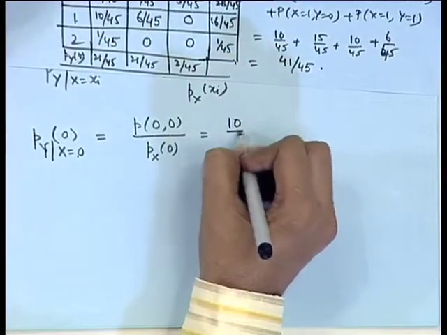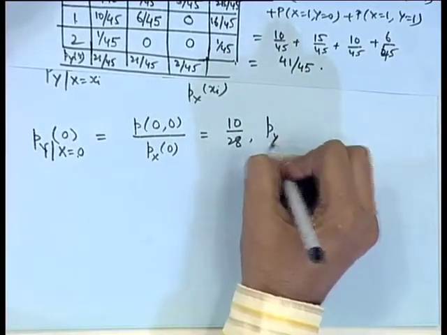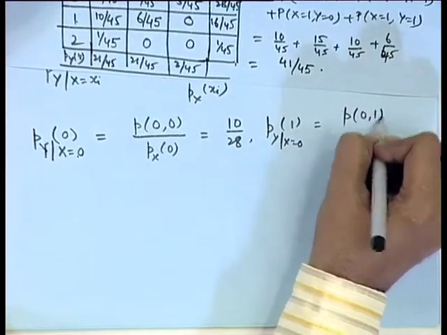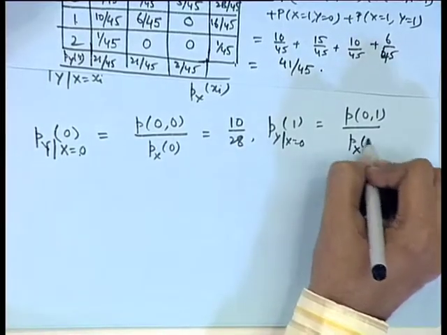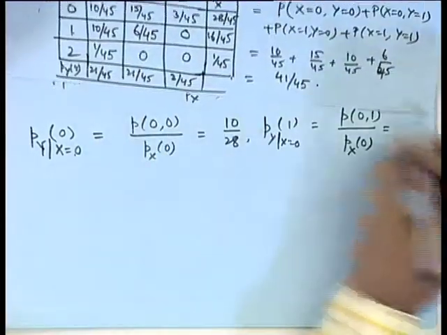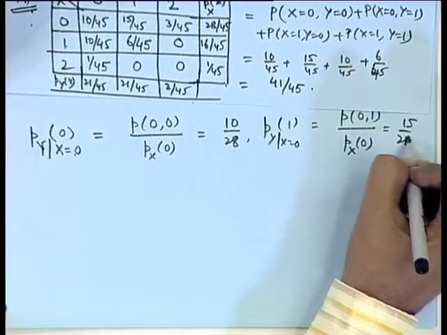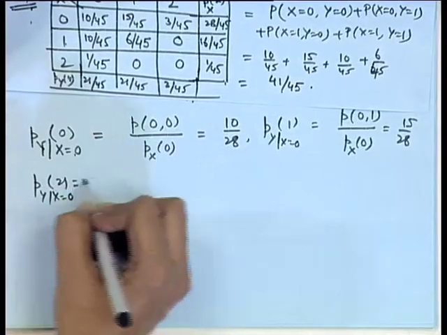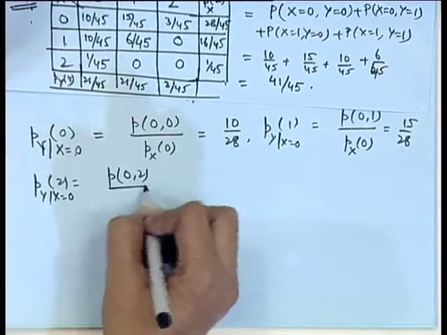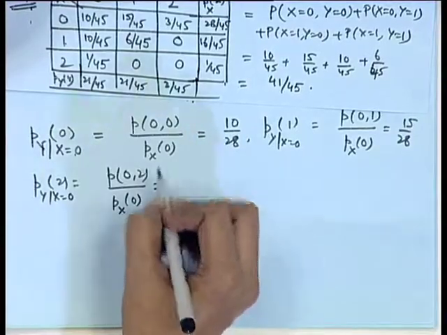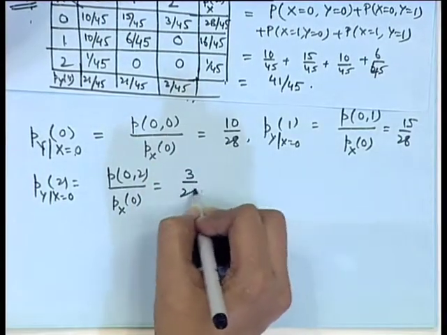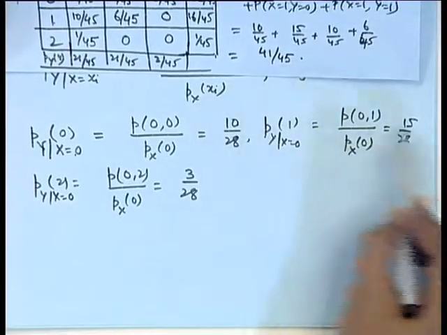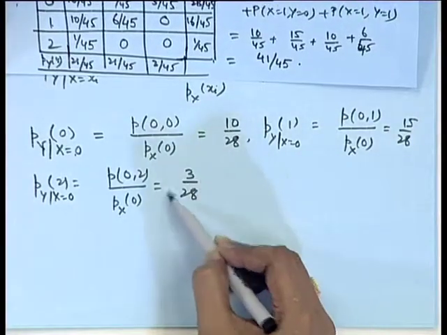So, this becomes 10 by 28. What is the probability of y equal to 1 given x equal to 0? This is p 0 1 divided by p x 0, that is equal to 15 by 28. Similarly, for y equal to 2 given x equal to 0, this is p 0 2 divided by p x 0, that is 3 by 28. So, you can see here the sum of the 3 probabilities, 10 by 28, 15 by 28 and 3 by 28, gives 1.